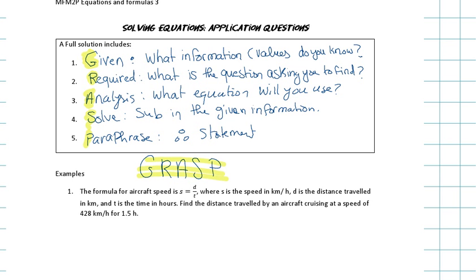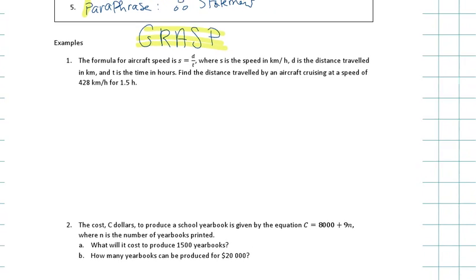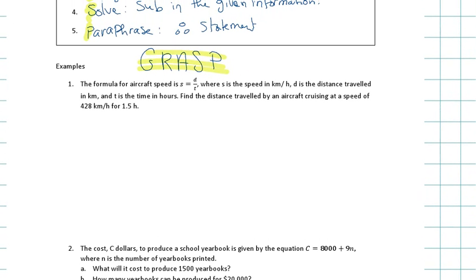Let's look at an example. So the aircraft speed is s equals d over t, where s, and it tells you what the letter means, right? Where s is the speed in kilometers per hour, d is the distance traveled in kilometers, and t is the time in hours. Okay, so it defines the letters for you. Find the distance.